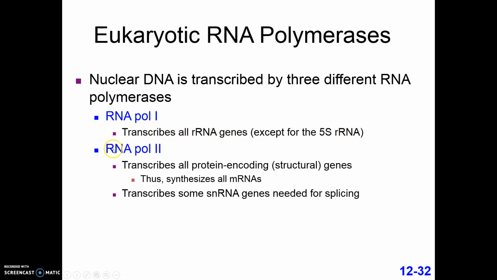RNA polymerase 2 is the one that we're going to be dealing with the most. This is responsible for all of the protein encoding structural genes. This is also involved in transcribing some things called snRNAs, which we haven't talked about yet, but these are involved in splicing, which we will talk about soon.